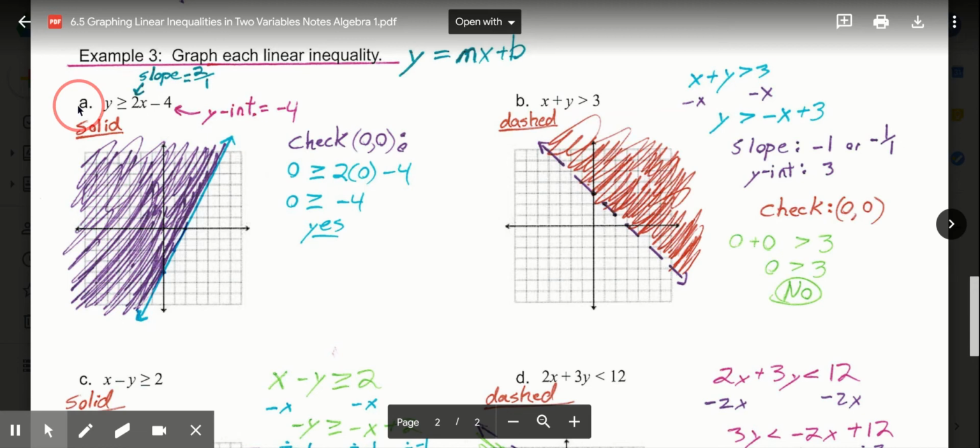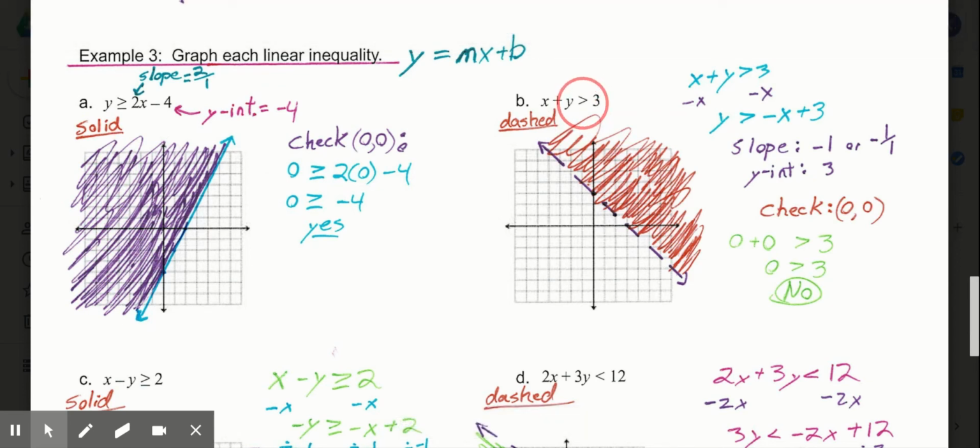Now, to make sure we use a solid or dashed line, what we should do first is just look at our symbol. If there is the line underneath for equal to, we always know we have a solid line. If there is no line underneath, then we will use a dashed line.